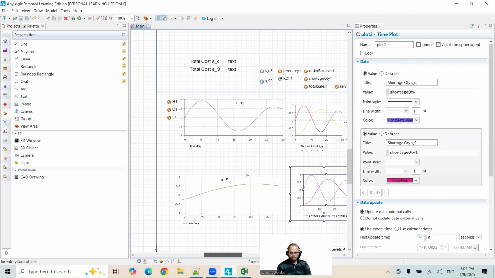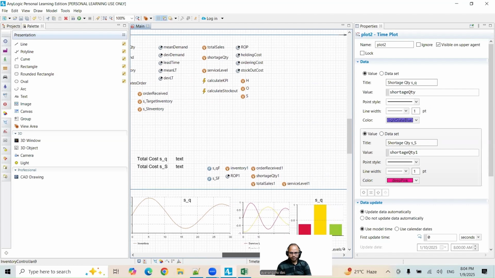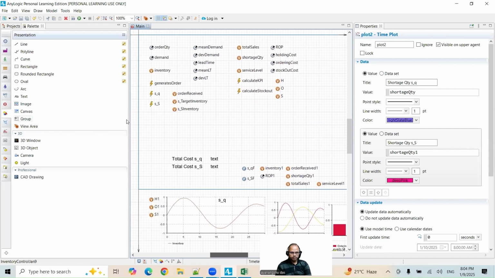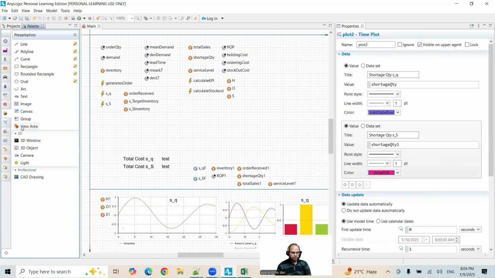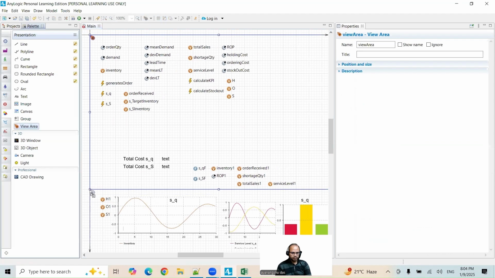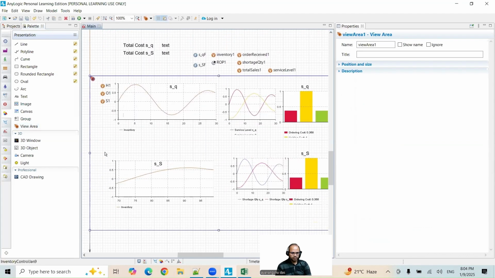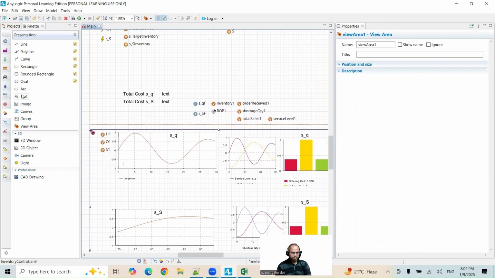To view these in different windows, what we can do is have a view area taken from this particular palette, two different view areas. We can have these view areas slightly down, and then we can say that there would be a button between which we can toggle between these two views.